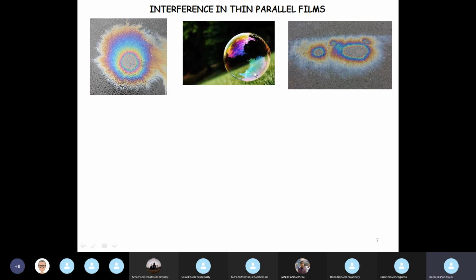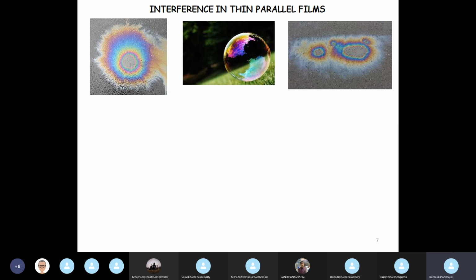The surface of the bubble is very very thin, but even then it has a finite thickness. So that forms the thin film. Okay. So these are natural phenomena that all of you have seen sometime or the other, and these are results of interference in thin parallel films which happen again as a consequence of division of amplitude.